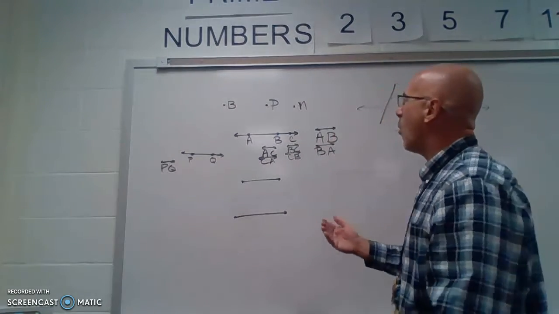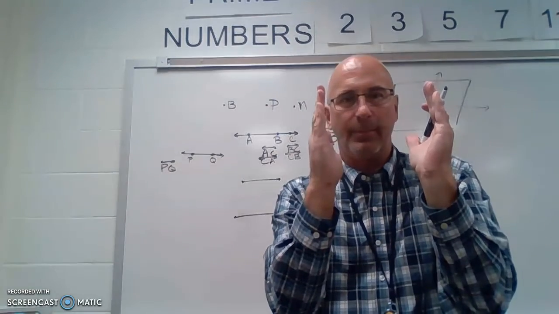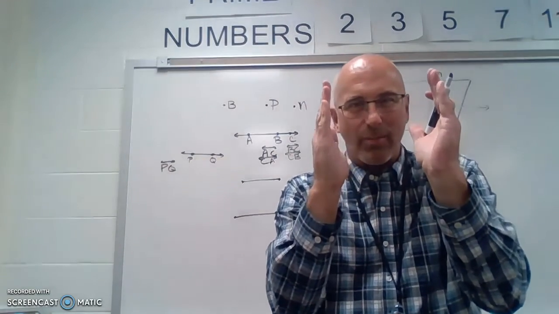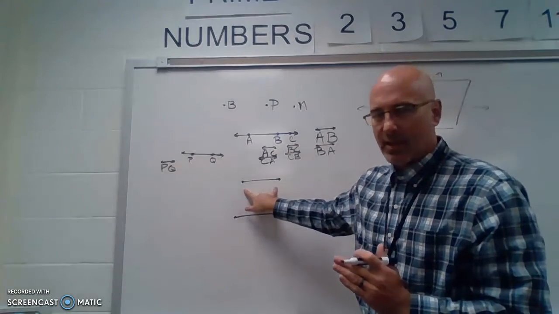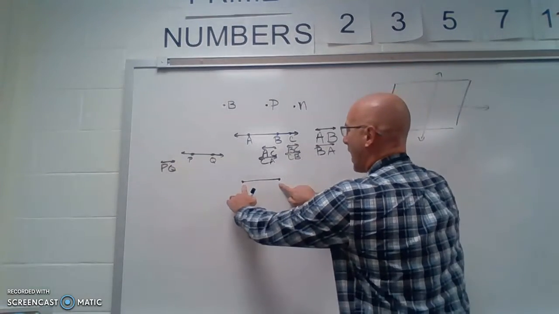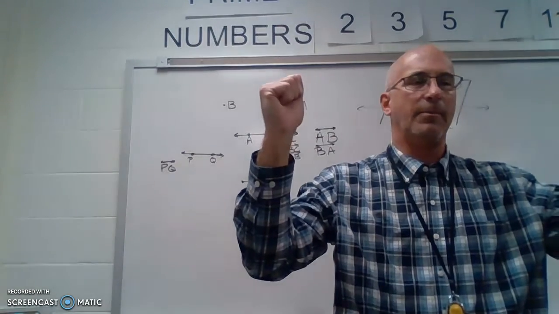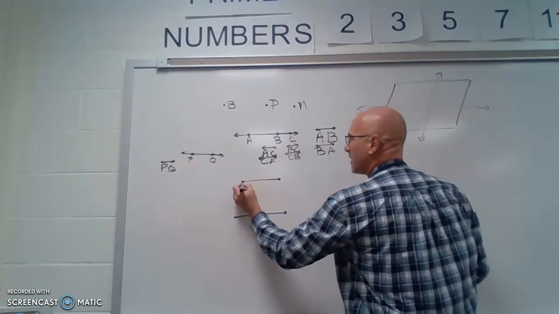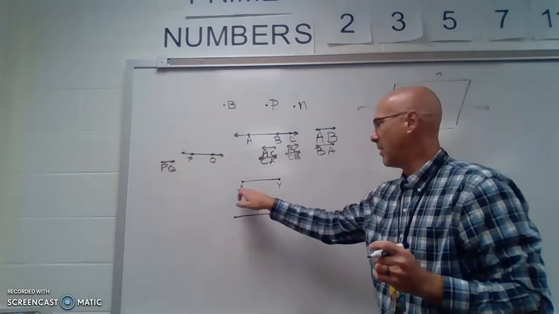Okay. Now, what if we had just a small portion of a line that actually has 2 endpoints? We call that a line segment, and we have 2 points on each end. So say this point is X and this one is Y. They're always capital letters, remember.